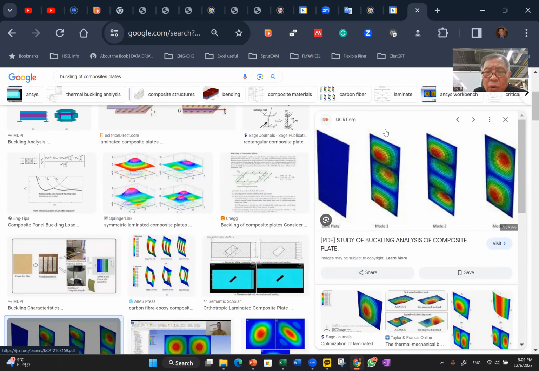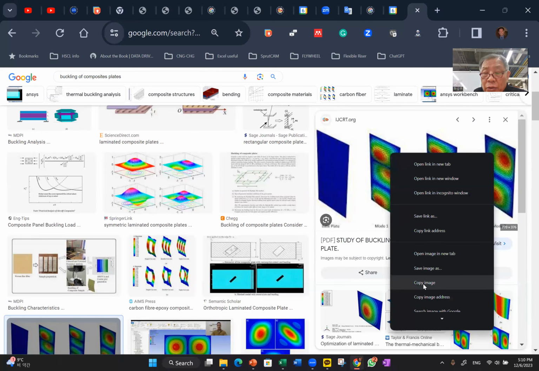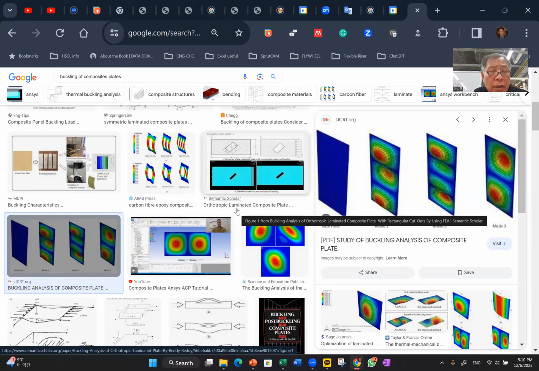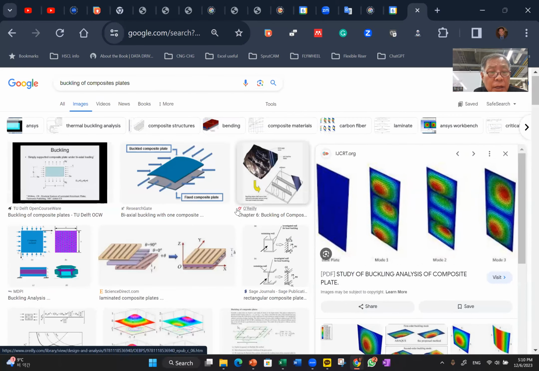What is a buckling mode and buckling load? Well, under a certain load, the structure will buckle. But the buckling is always associated with a certain buckling mode shape. So buckling is a little bit of an advanced topic.